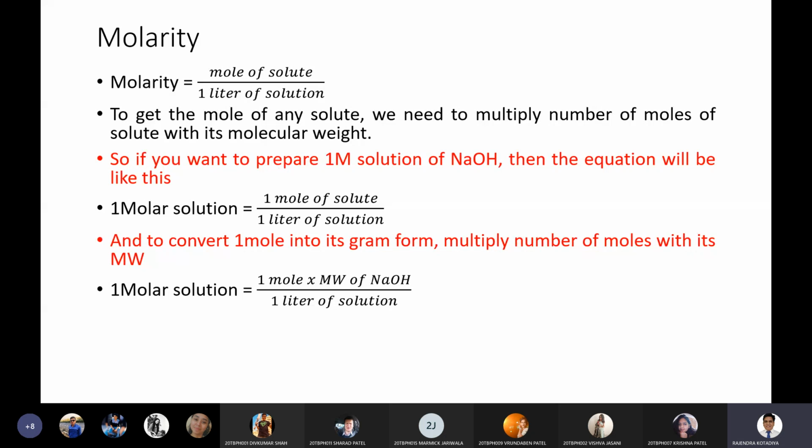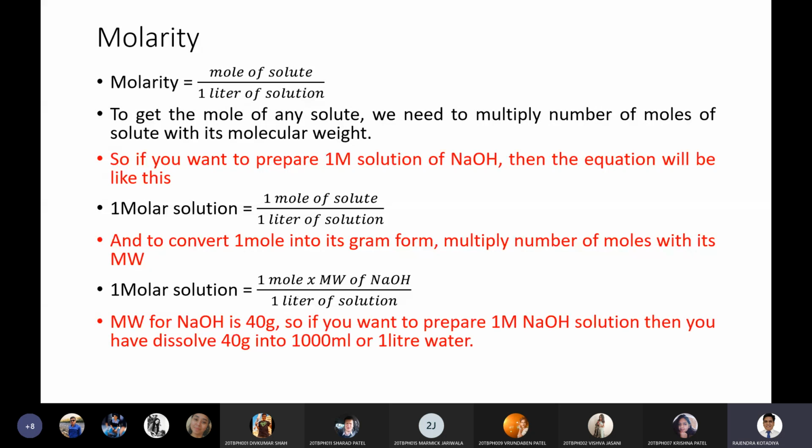Suppose you want to prepare a solution of NaOH. If you want to prepare 1 molar NaOH solution, then you have to weigh NaOH with respect to its molecular weight, which is 40 gram. So when you weigh this 40 gram of NaOH and dissolve it in 1000 ml or 1 liter of water, that solution becomes 1 molar.